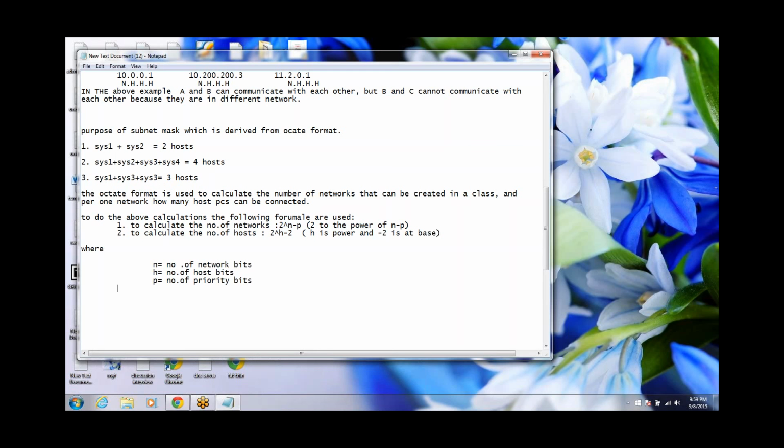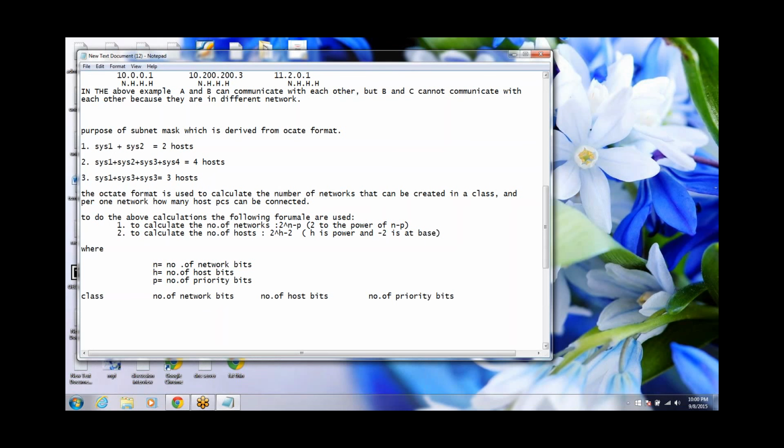Now we need to write these values for each class: first the number of network bits, next the number of host bits, and next the number of priority bits.